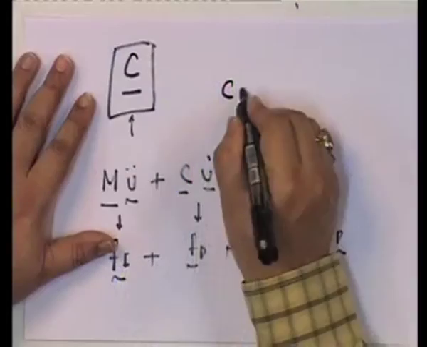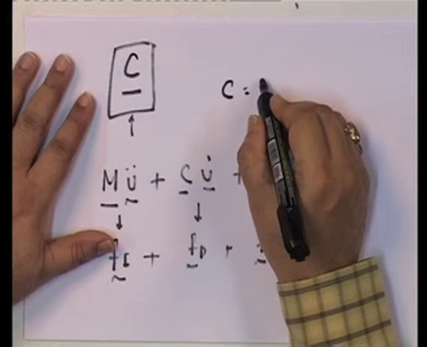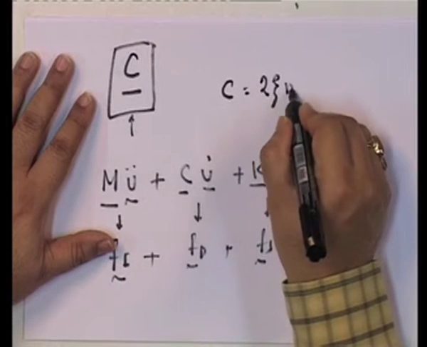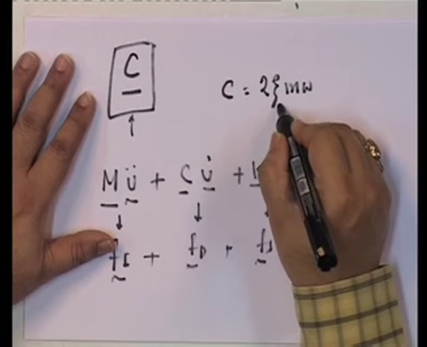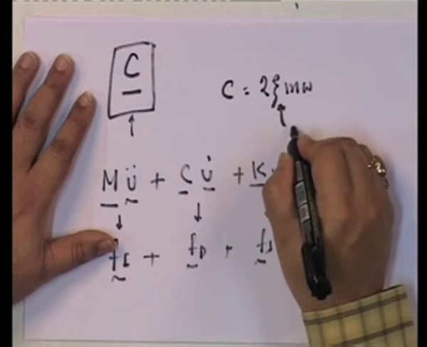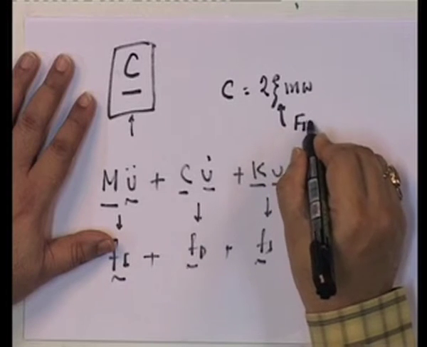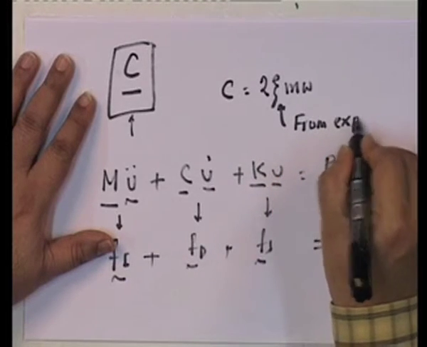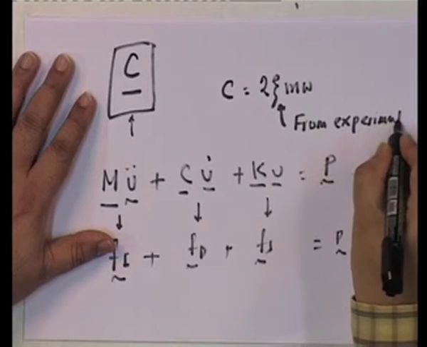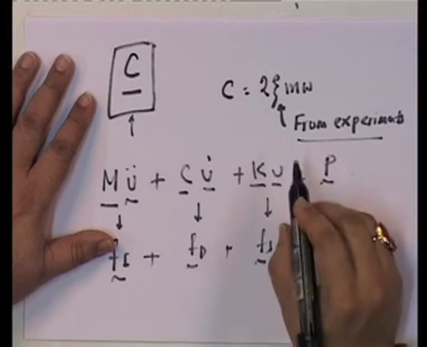Now, later on I will show you that you really do not need to find out C, but suppose I need to find out C, how do I go about it? Note that in the earlier single degree of freedom case, C was actually evaluated from 2 xi m omega, and I knew this xi from experiments.